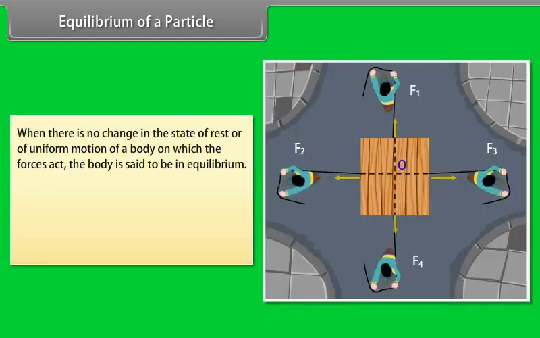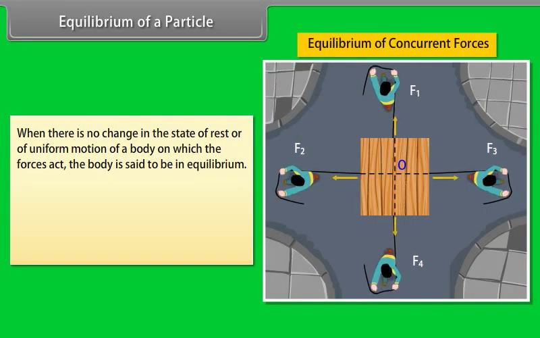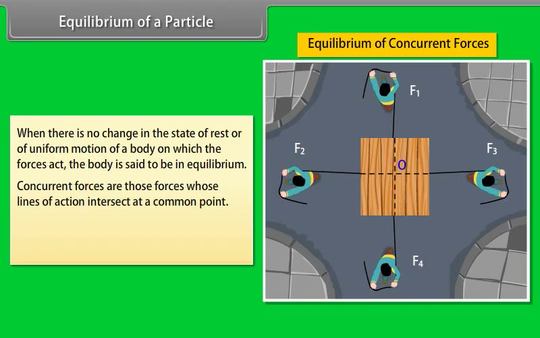Equilibrium of a particle. When there is no change in the state of rest or of uniform motion of a body on which the forces act, the body is said to be in equilibrium. Concurrent forces are those forces whose lines of action intersect at a common point.